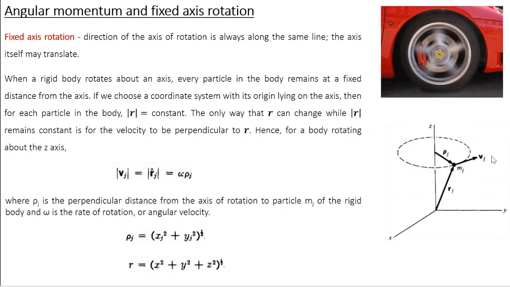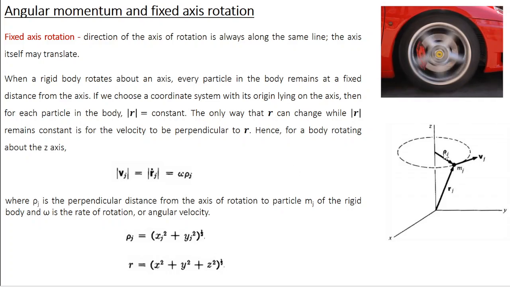Now first, the magnitude of linear velocity Vj is nothing but rate of change of position vector, which is drj by dt, or in terms of angular parameters, I can write linear velocity equal to the perpendicular radius multiplied by angular velocity.